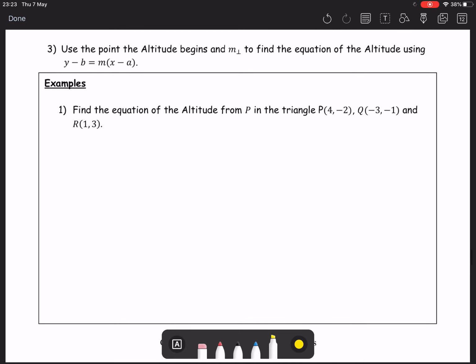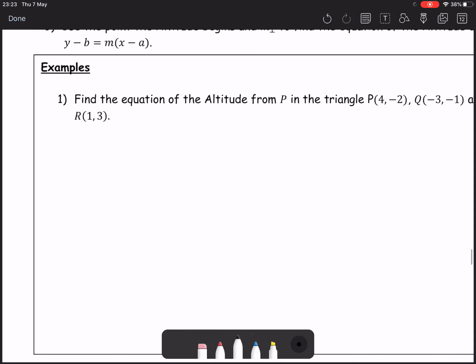So working through an example: find the equation of the altitude from P in the triangle PQR. Going to do just a very quick drawing, just to give us an idea of what we're looking for. So (4, -2), (-3, -1), and (1, 3).